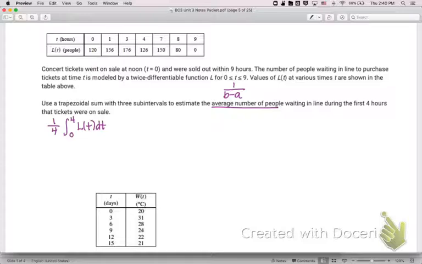Now, the area of a trapezoid is base 1 plus base 2 times the height divided by 2. The height is always going to be the width of your interval, delta x, and base 1 and base 2 are going to be, in this case, L(x1) and L(x2).